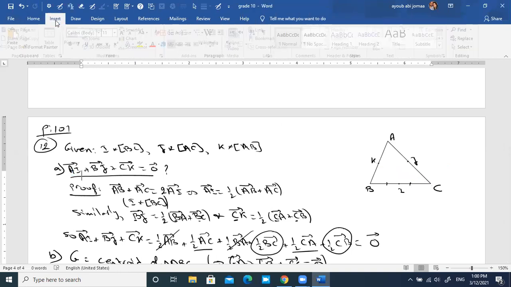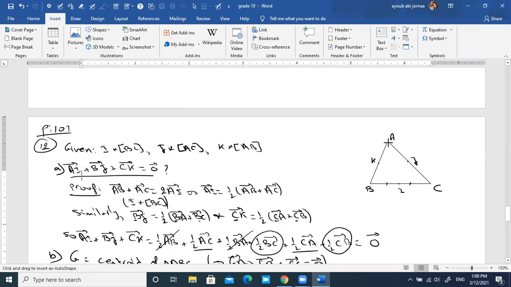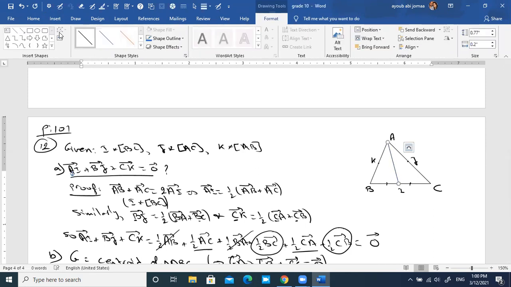AI and JK. The drawing is a bit not accurate.